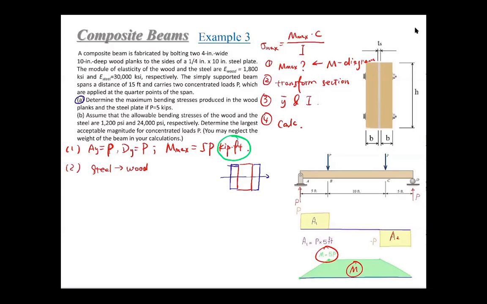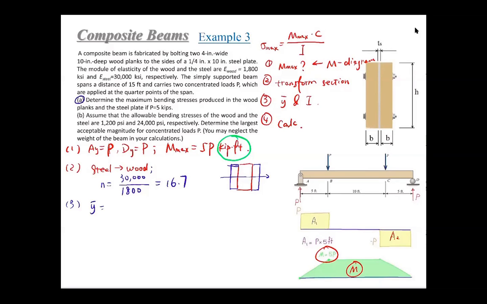As we showed in example 2, the Y bar will be easy to calculate. So here let's calculate the n first. Wood is the base, so the larger value, 30,000 over 1,800, we get 16.7.